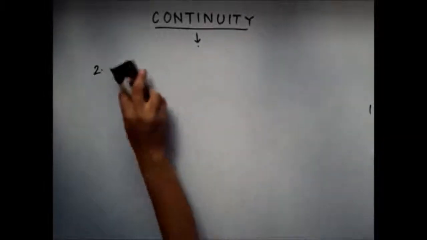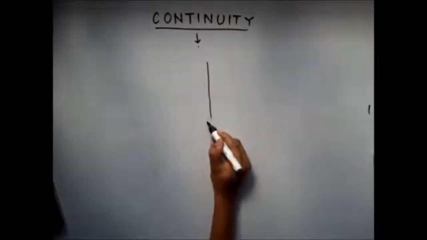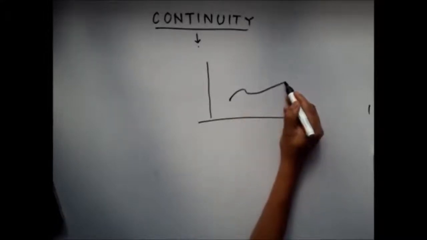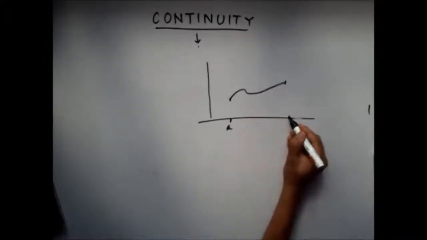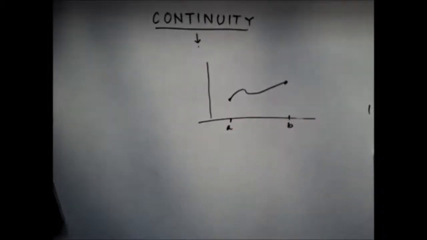Now let's say you have a function like this. The function is defined from a to b, and you are asked to check the continuity at a and at b.